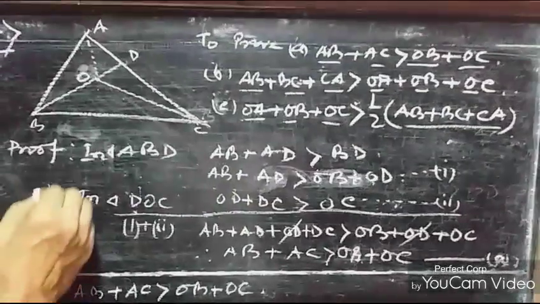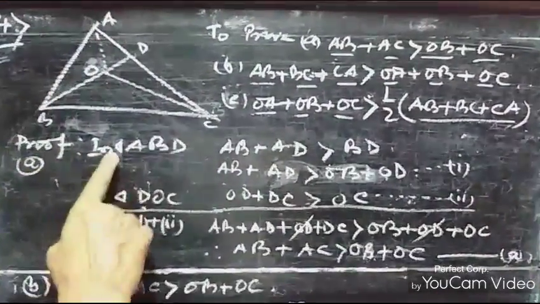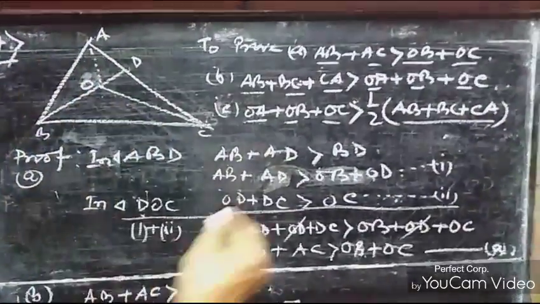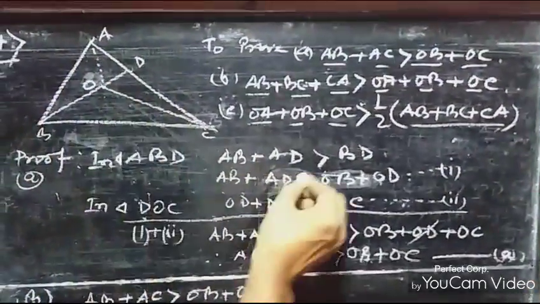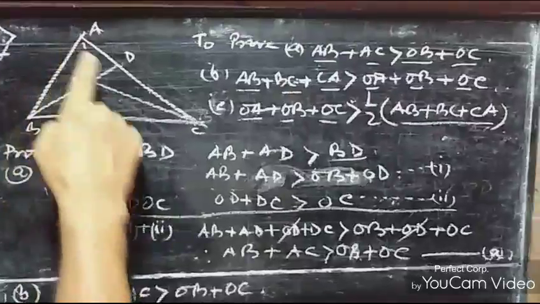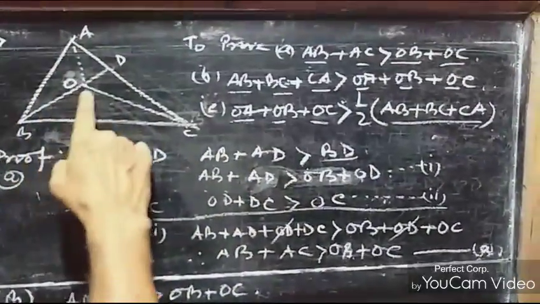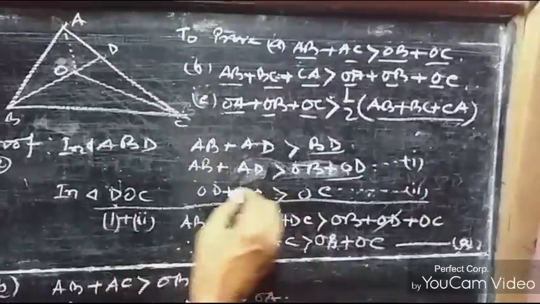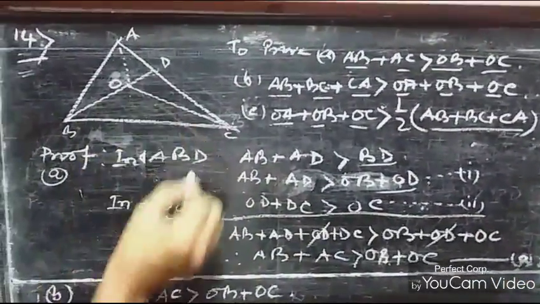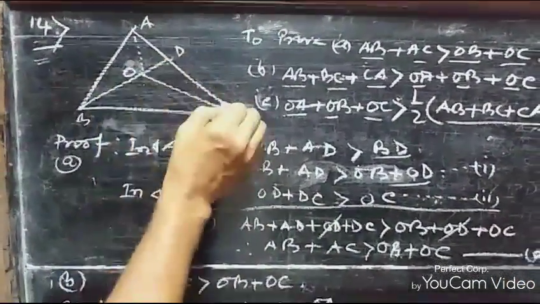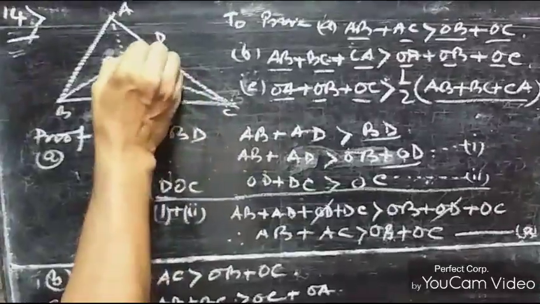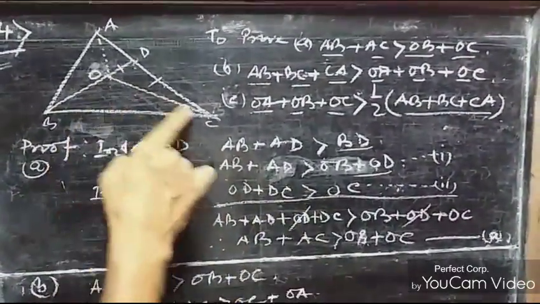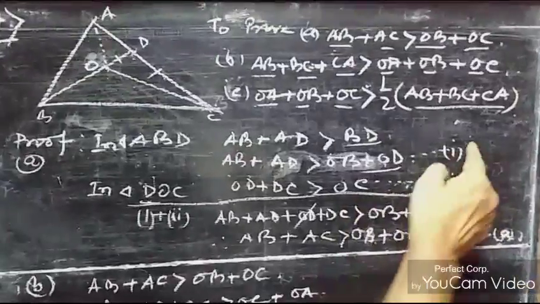Now proof number 1. Suppose D is the point where AO extended meets BC. In triangle ABD, AB plus AD is greater than BD. Then BD we can write as OB plus OD. Now in triangle DOC, OD plus DC is greater than OC. These are number 1 and number 2.